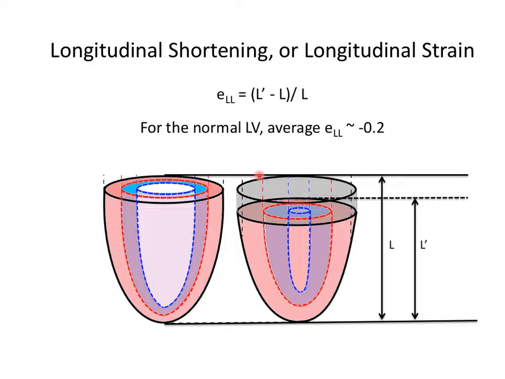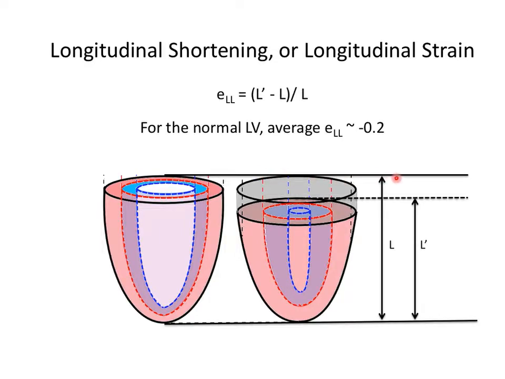The apex remains pretty well in place, just in absolute lab coordinates. It just stays there, and the valve plane moves down towards it. That makes sense because you're ejecting blood, and the atria are filling with blood when you're doing that. So you're just exchanging volume between the atria and the ventricles, and so the valve plane moves down.